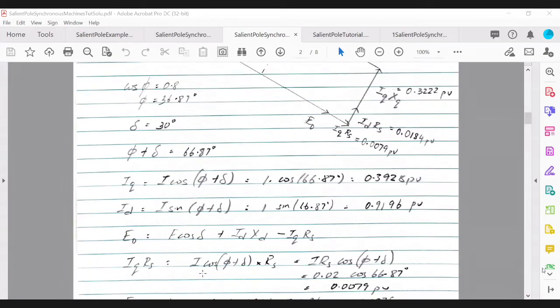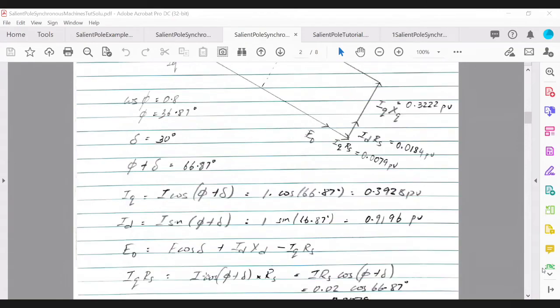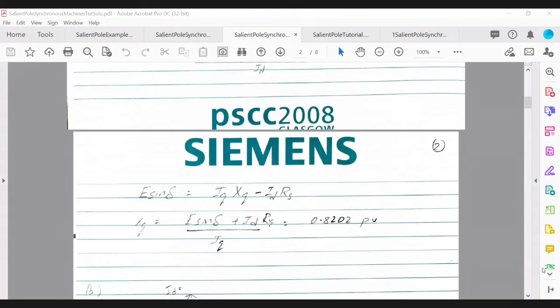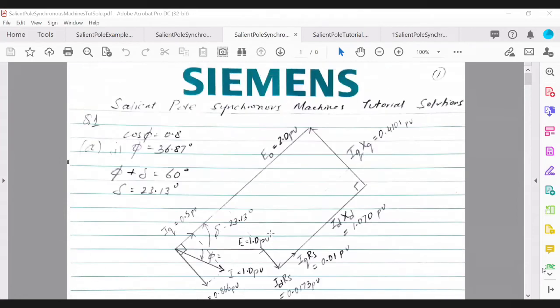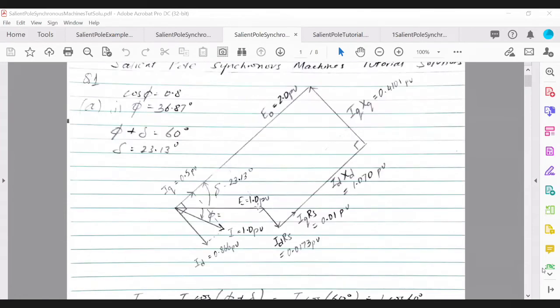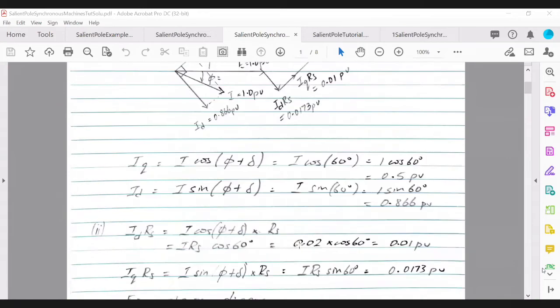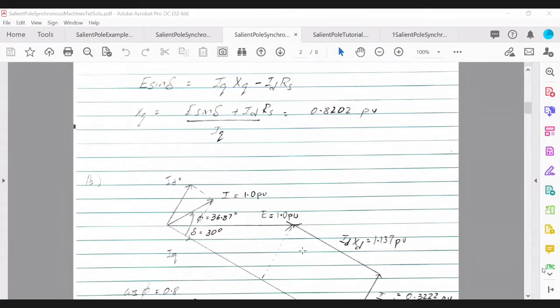You can work out the power due to the field and the saliency because you've got all the data that's needed there. All right, so that was for question 1, which is representing the stator resistance on the phasor diagram for a generator as well as for a motor as shown here.